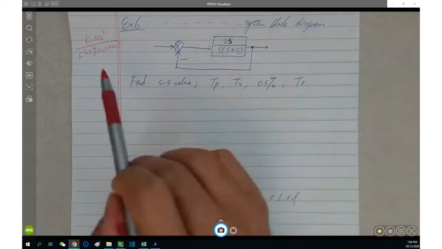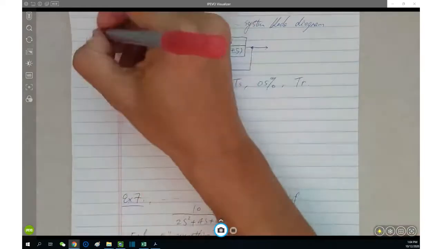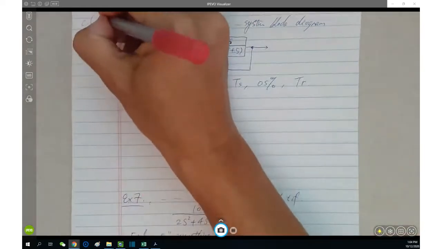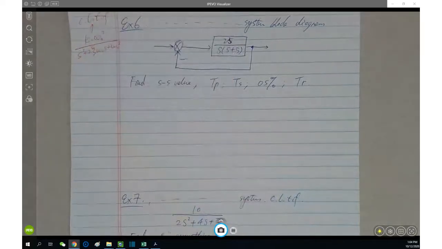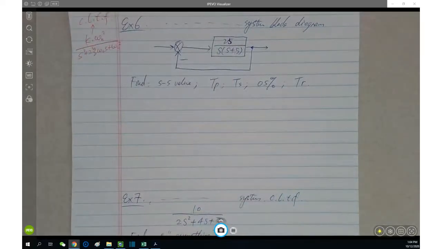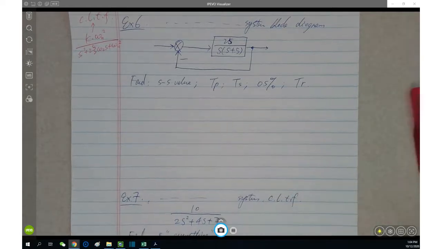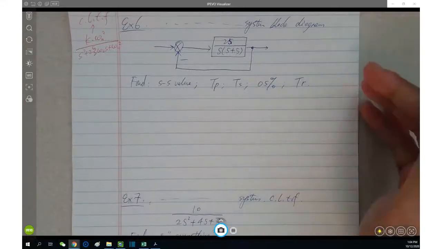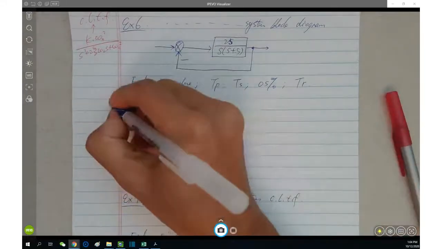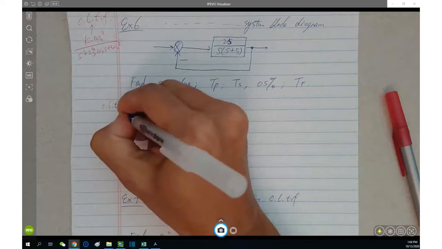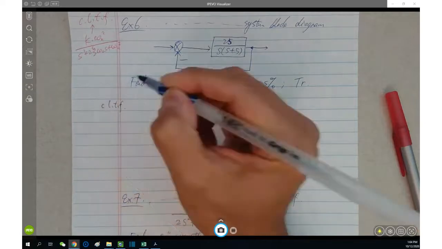However, never forget that this is the closed loop transfer function of the system. So no matter what is given in the problem, if it is not the closed loop transfer function yet, we need to find the closed loop transfer function first. The first step is to find the closed loop transfer function if it is not given yet.